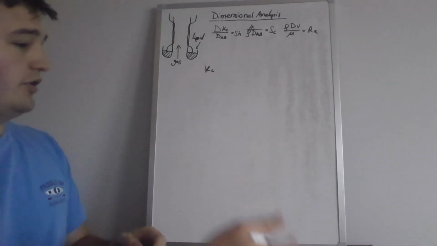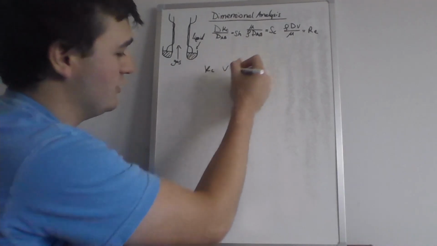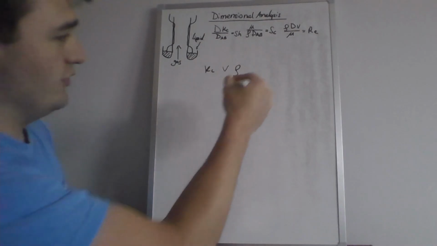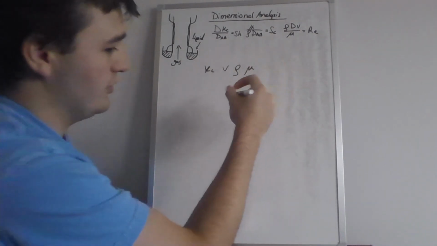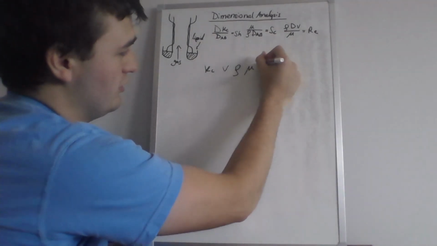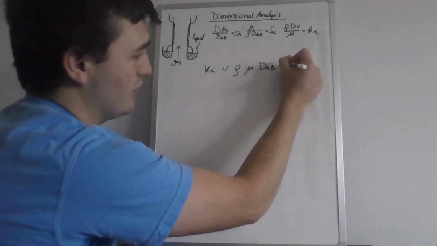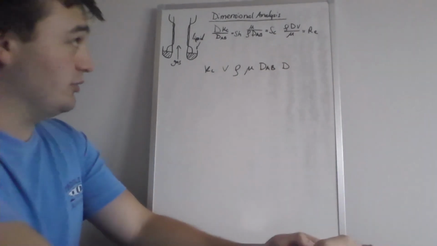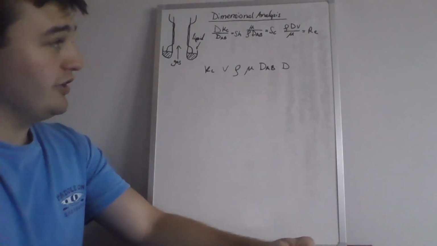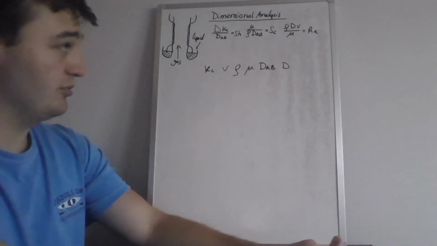We also know variables that will affect this problem are velocity, density, and viscosity of the fluid, and then the mass diffusivity, D_AB, and finally the characteristic length. In this case it would be the diameter of the pipe that the gas and liquid are in, but there's always a characteristic length involved in these problems.